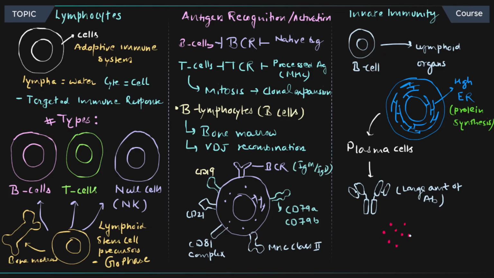So the first thing that they will do is neutralization of toxin molecules. Suppose these are toxins, and antibodies can bind directly to these toxins and then neutralize them. So that is one important part. It is known as toxin neutralization. So let me write it down. Toxin neutralization.